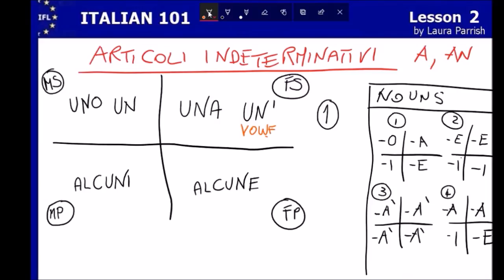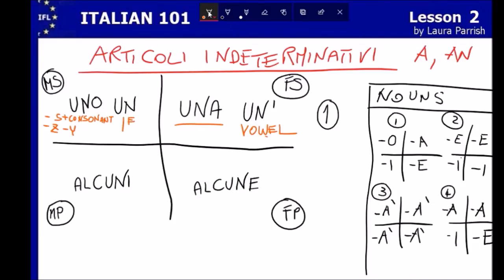Okay. And una is in front of all the feminine singular words that don't start with vowel, by exclusion. Here we have uno, in front of masculine singular words starting with S plus consonant, masculine singular words starting with Z, masculine singular words starting with Y. And these go by exclusion.